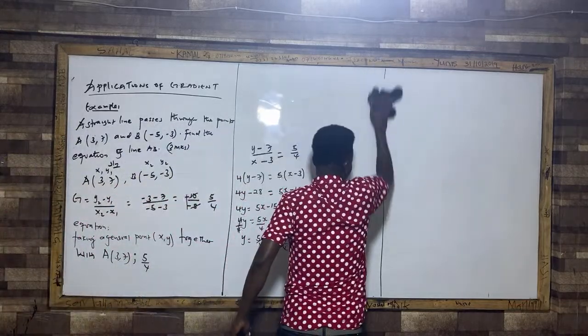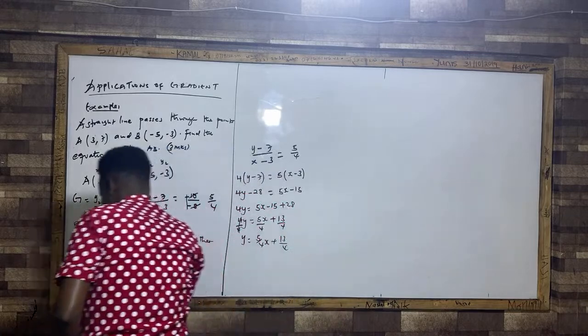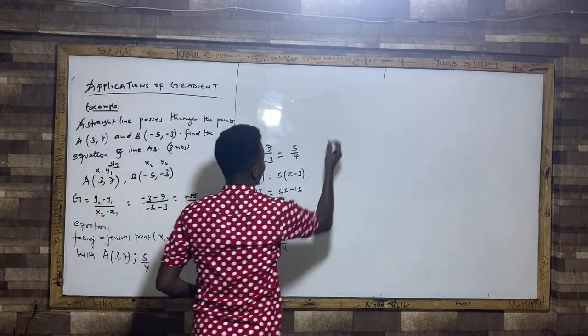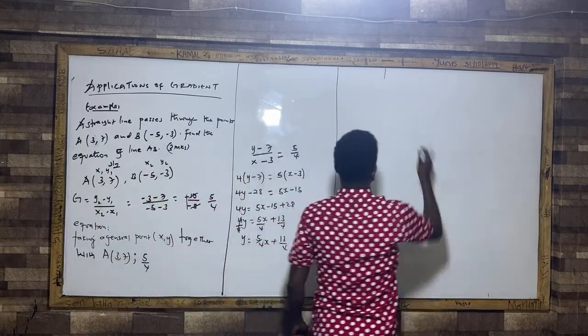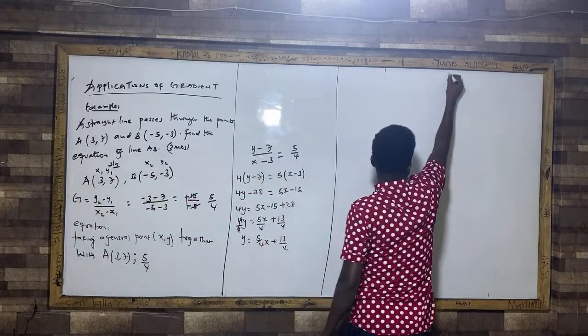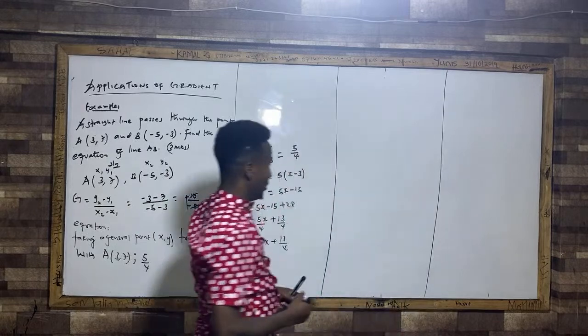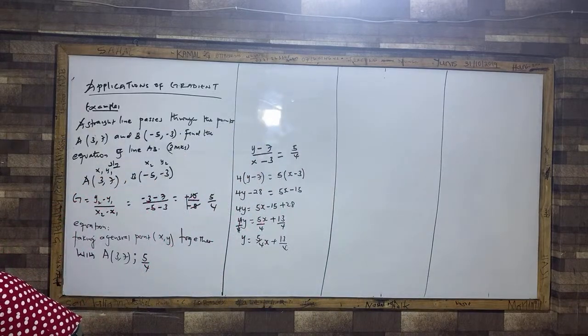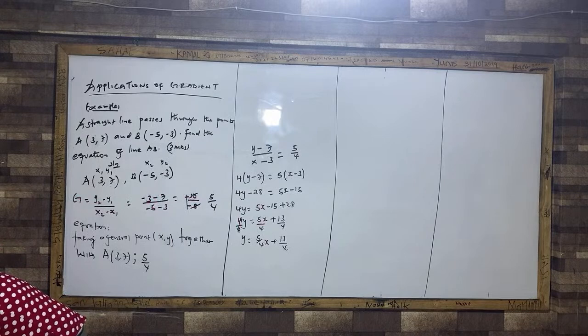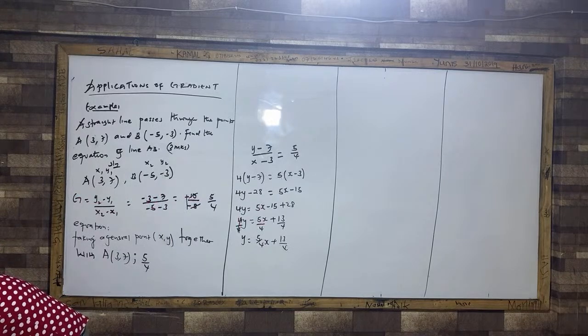Let me utilize this space, guys. Now, let's see another example. I know this space will help me. Let's go, guys. Let us see our next example, which will also come during national exam.